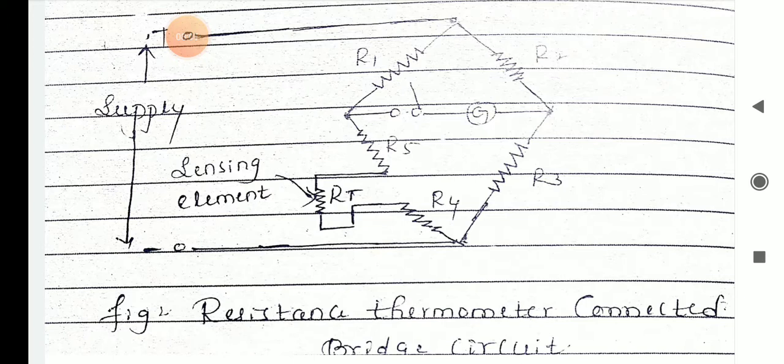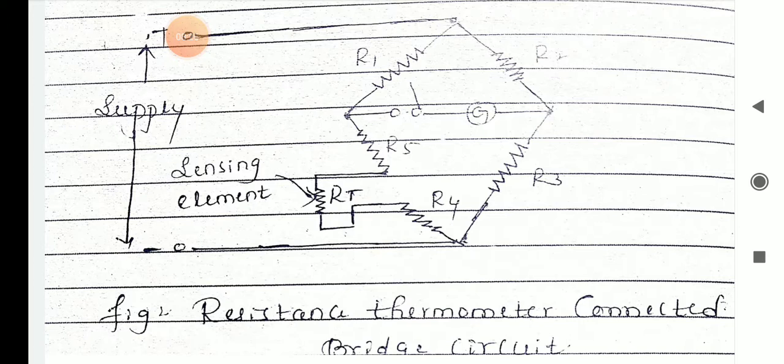So the general resistance temperature relationship of the resistance thermometer is given by RT is equal to R0 in the bracket 1 plus alpha delta T, bracket complete. So this is the general formula you are going to use.